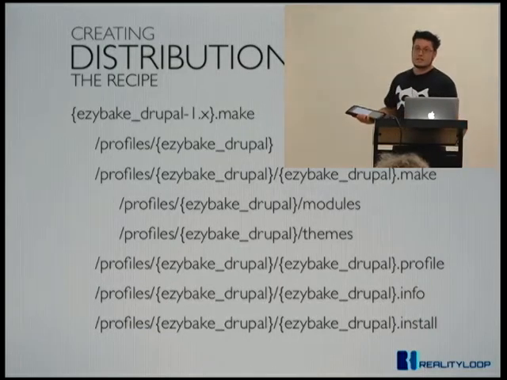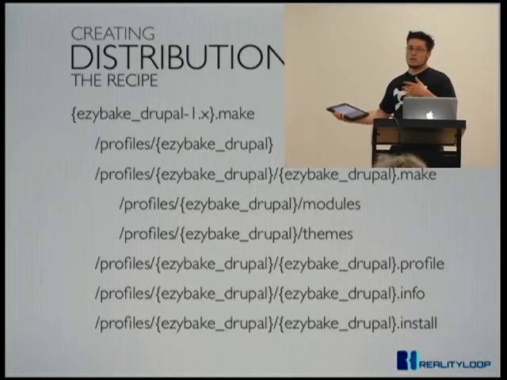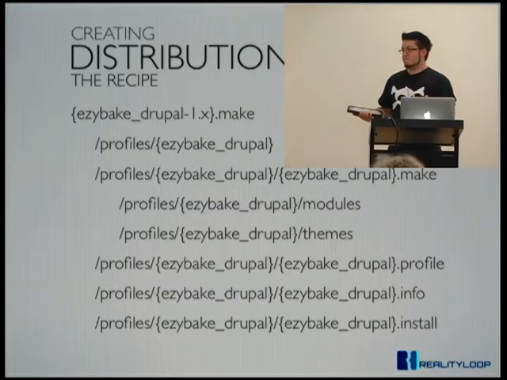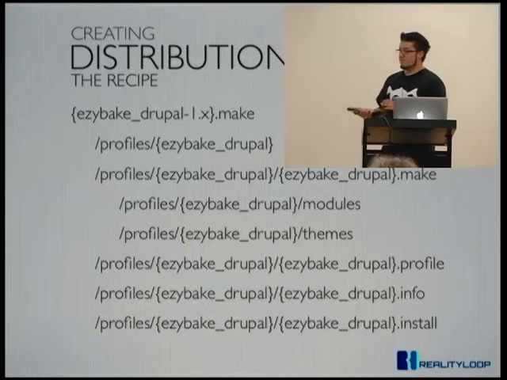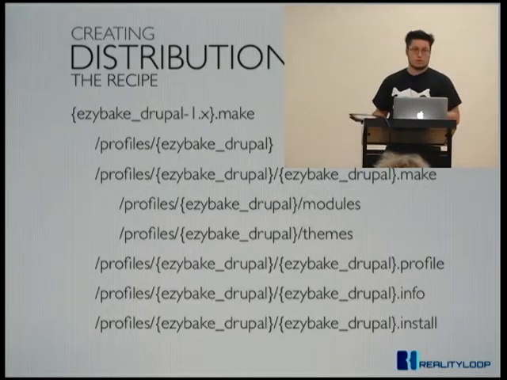It also contains the standard install profile things such as a profile file, an info file, and an install file. There's not really a lot to it, and that recipe will build you your own personal distribution.